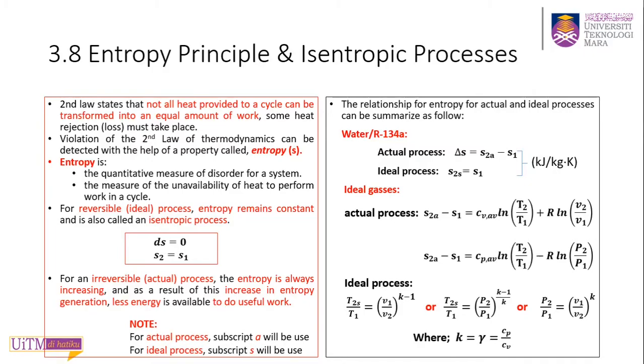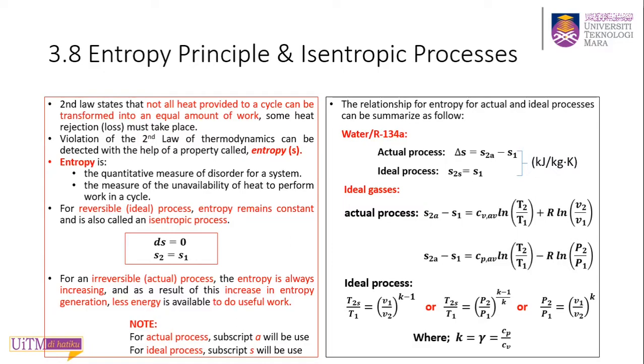Now, when we look at subtopic 3.9 later, we will be answering questions involving ideal and actual processes. Therefore, to differentiate between ideal and actual processes, the subscript S will be used for ideal process and the subscript A will be used for actual process.